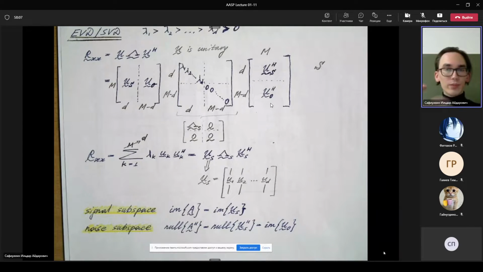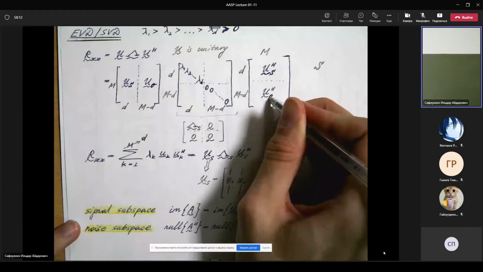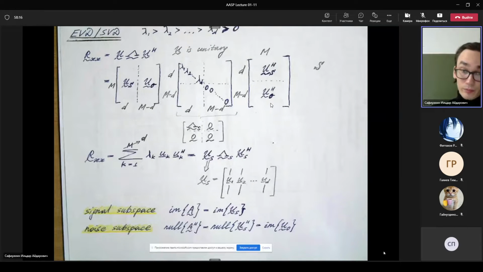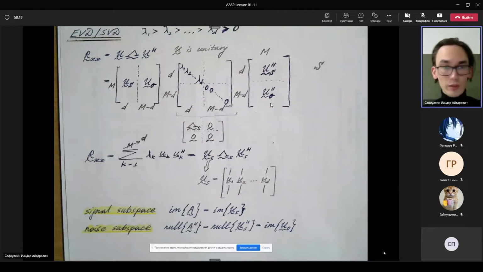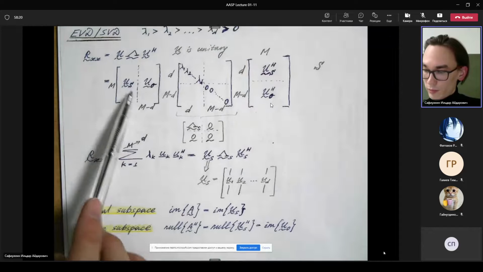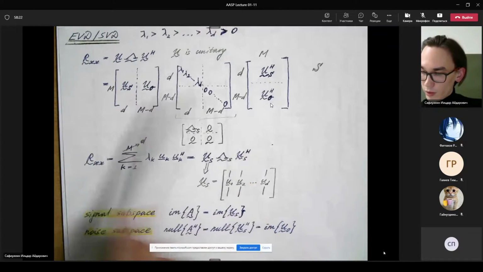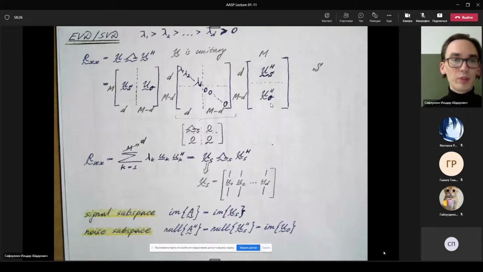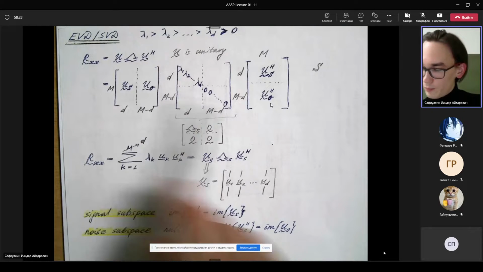We need to see the differences between the original one and the estimation one. So we need to add capital S here, capital S here. Let's say not the capital 0, but capital O here and here.